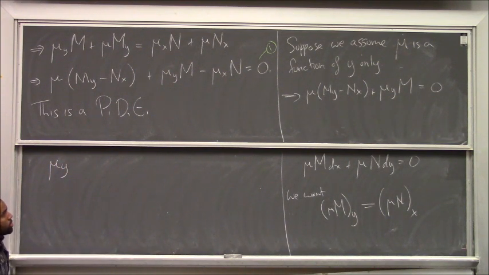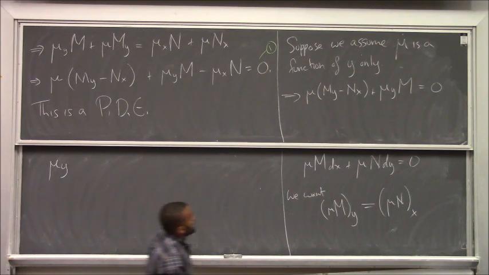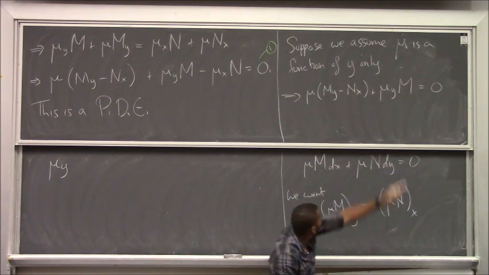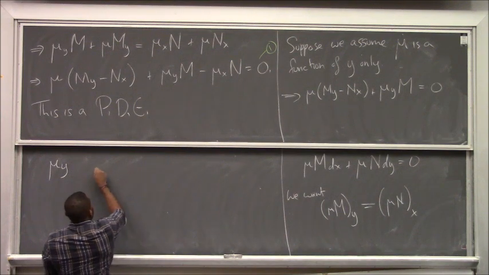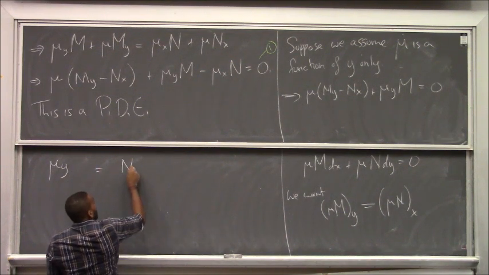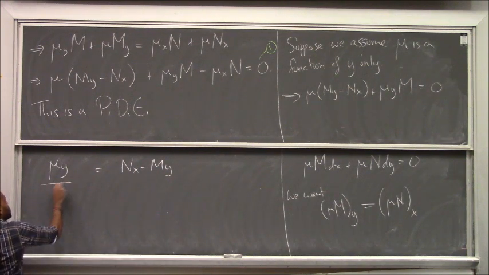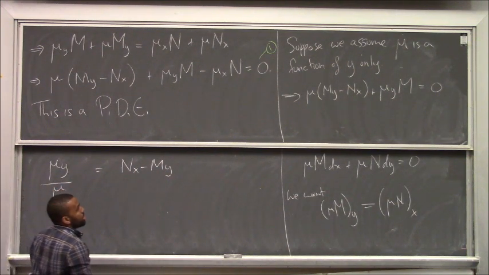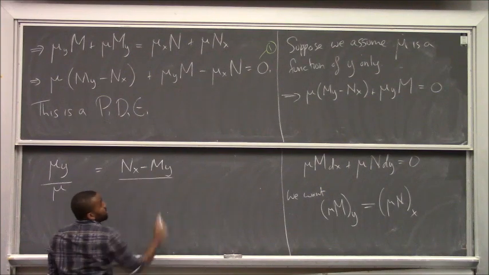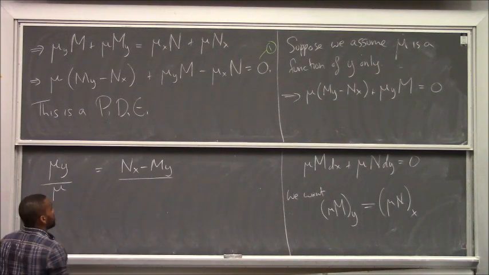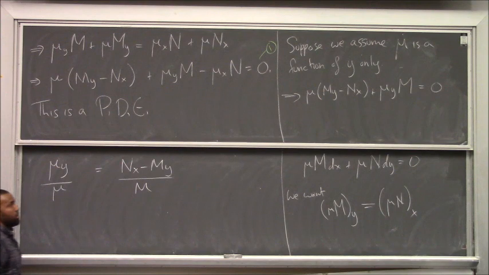What would mu sub y have to look like? Well, I can move this over there. So I'm going to have the partial of M with respect to y minus the partial of N with respect to x, and then divide by the mu, and then divide by the N. And I have that.